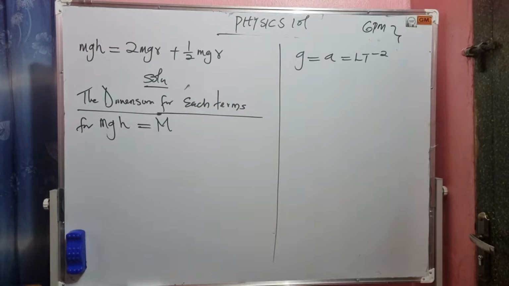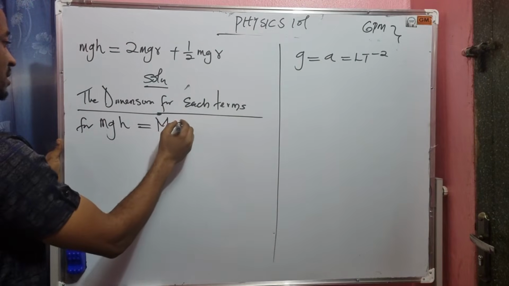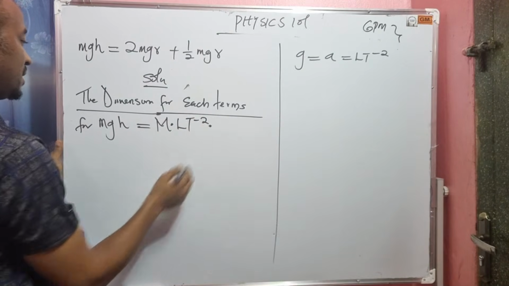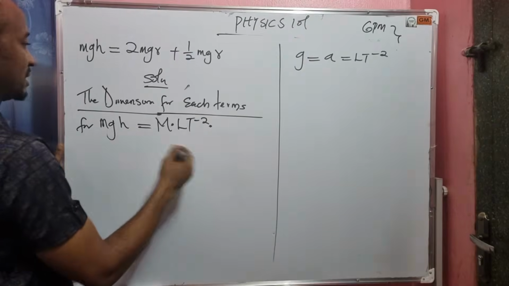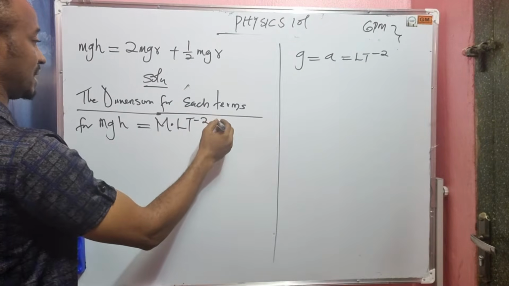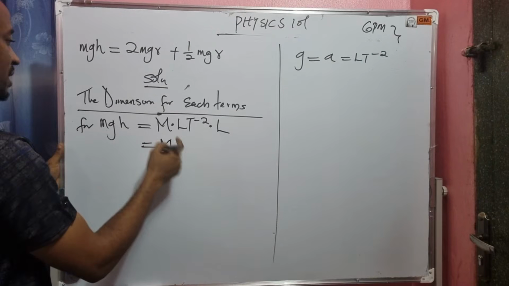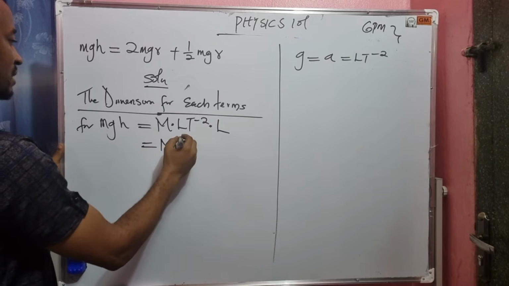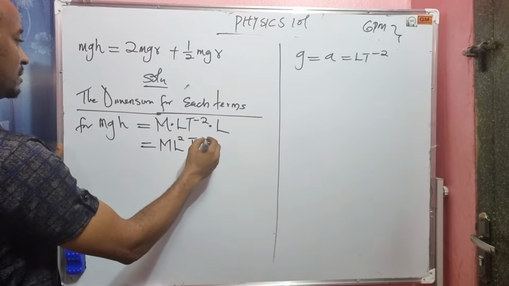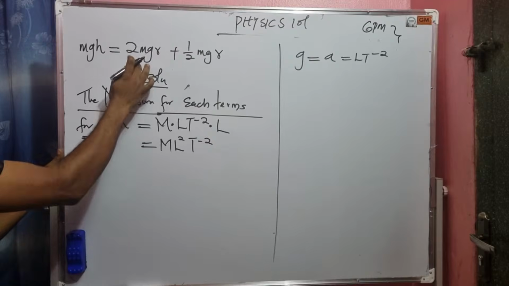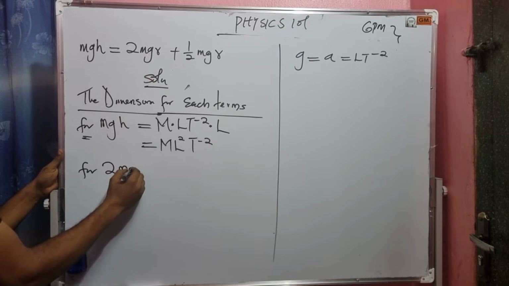So this is times LT minus 2. Then the dimension for height is capital letter L. So the dimension here becomes M, L times L is L squared, then we have T minus 2. That is for this. So let's look at 2mgr.